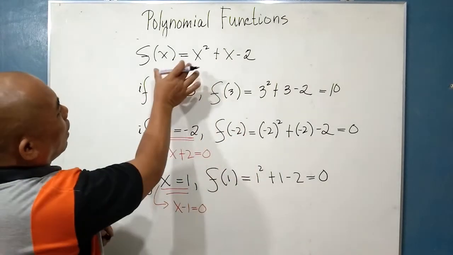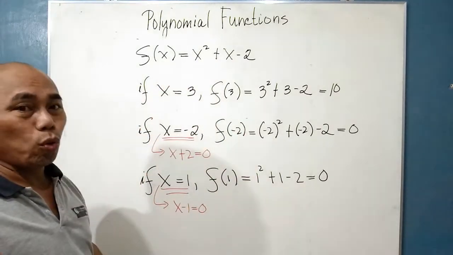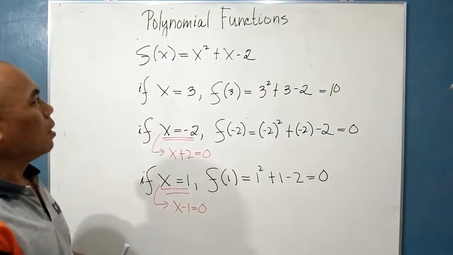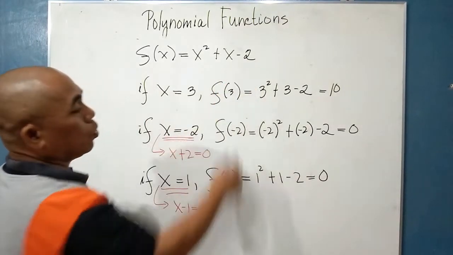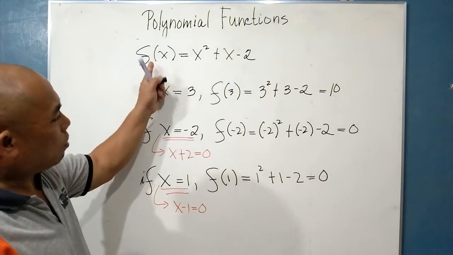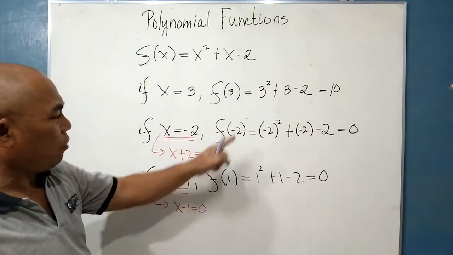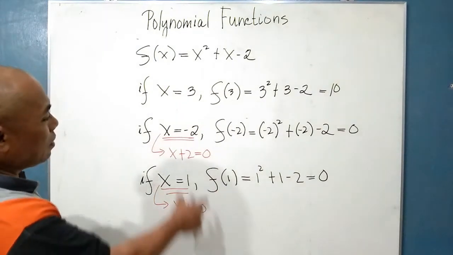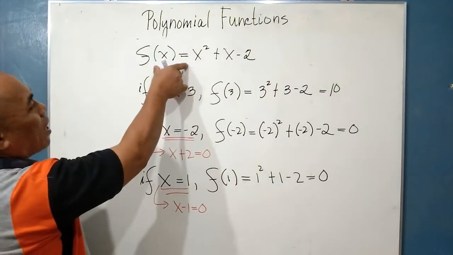Now, the degree of this polynomial is 2. So it is expected nga this has 2 real zeros, and we found it already, negative 2 and 1. And these are the factors ana niya.